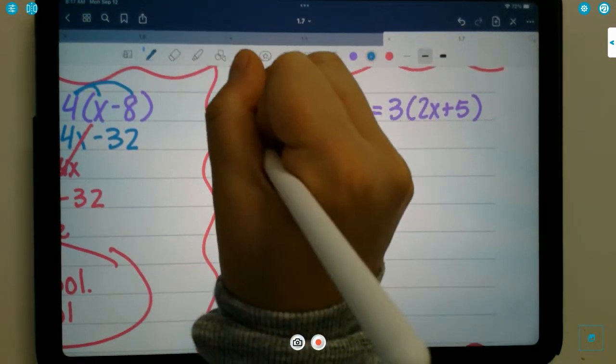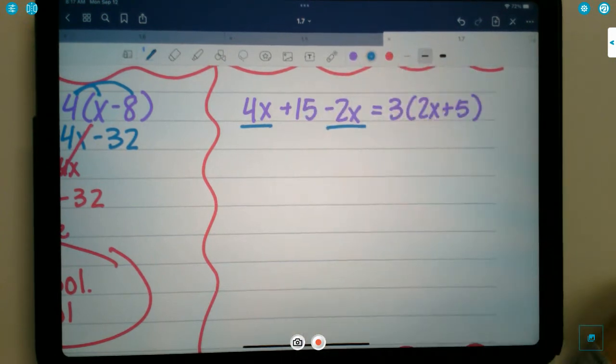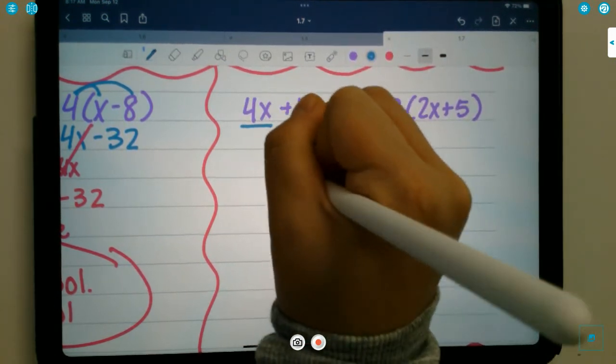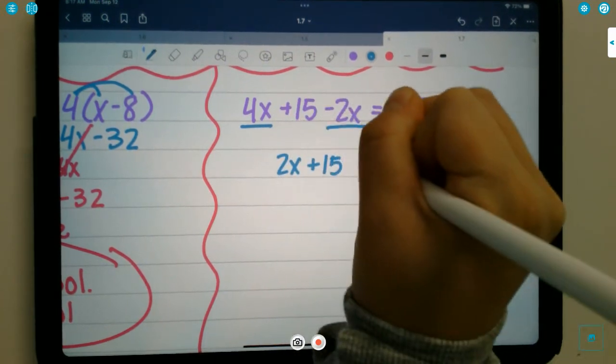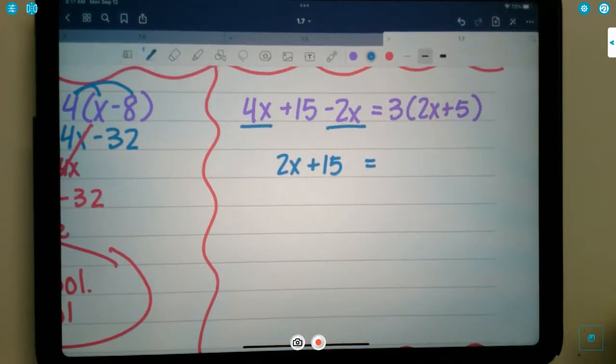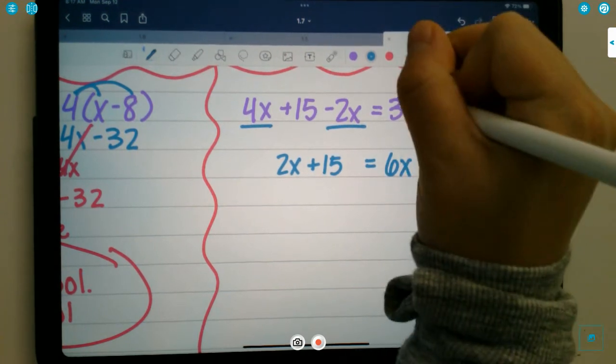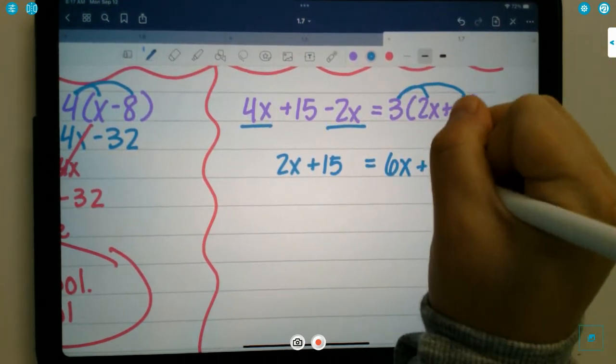So I'm going to combine like terms, 4x minus 2x. 4 minus 2 is 2, so I've got 2x plus 15 equals 3 times 2x is 6x. 3 times 5 is 15.